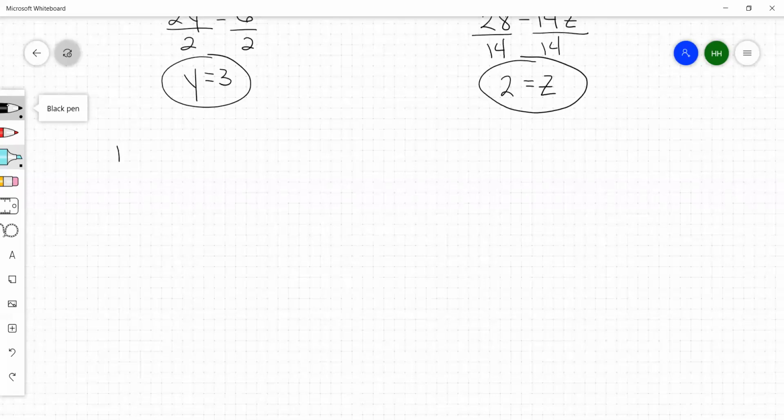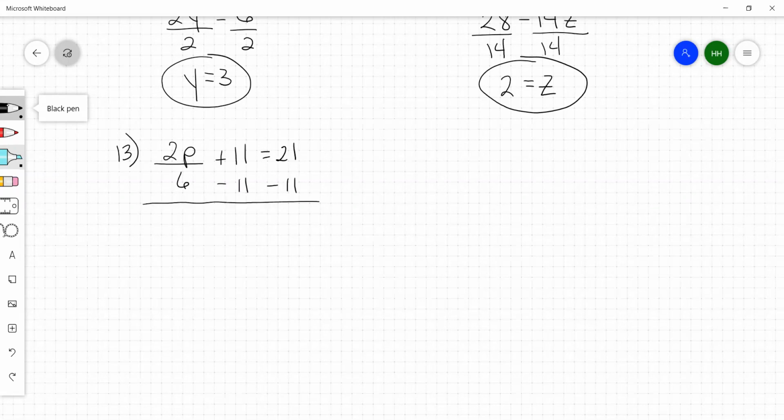Number 13. 2p over 6 plus 11 equals 21. Subtract 11 from each side. So this 2p over 6 is equal to 21 minus 11, that's 10.